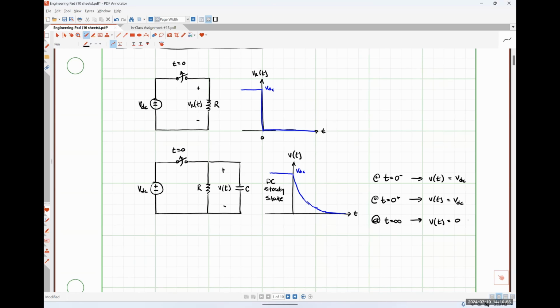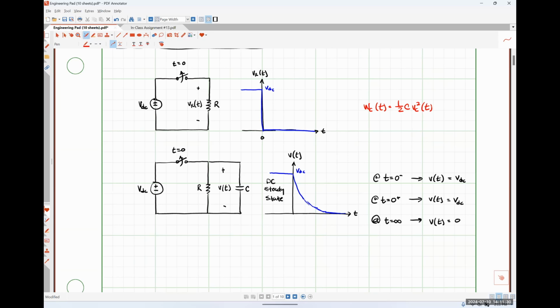At t equals 0 minus, our capacitor has a voltage of VDC, and whenever there is a voltage drop across our capacitor, regardless of whether that voltage is positive or negative, our capacitor is going to have some amount of stored energy. The energy stored by a capacitor, let me just put it up here to remind you, is given by 1/2 C times the voltage drop across the capacitor squared.